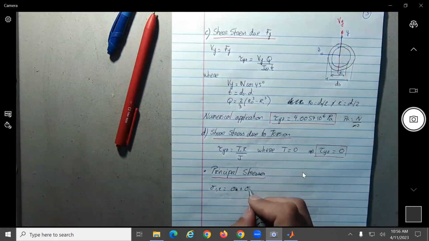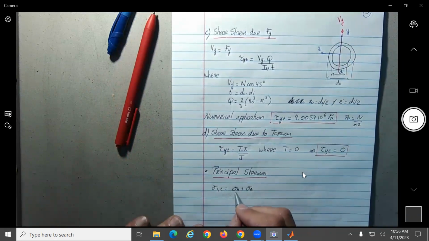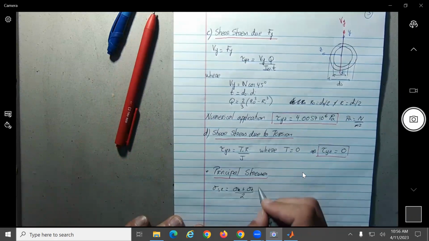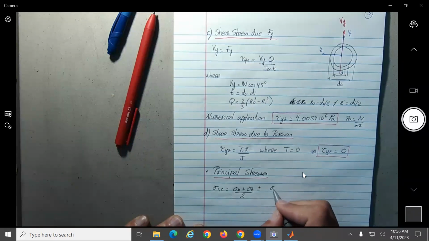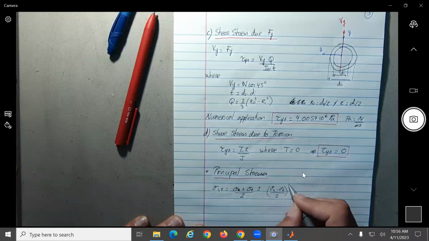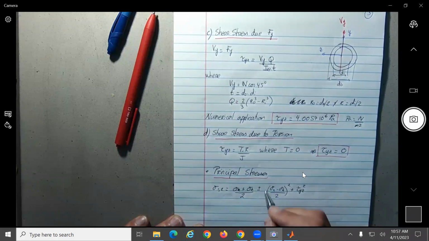Yeah, z, divided by 2 plus minus square root of sigma x minus sigma z divided by 2 squared plus tau yz squared.